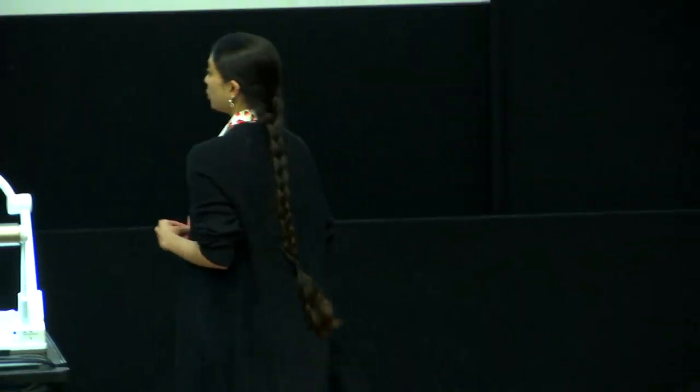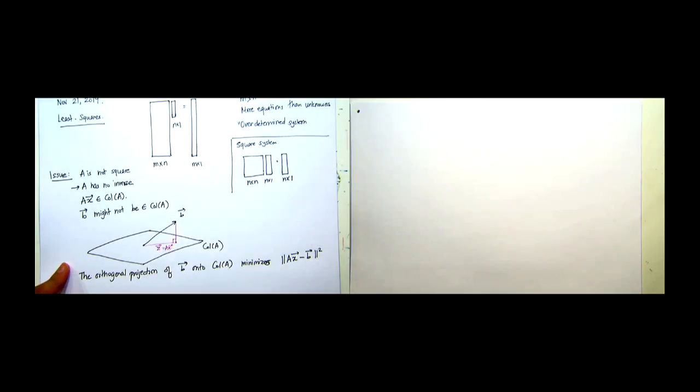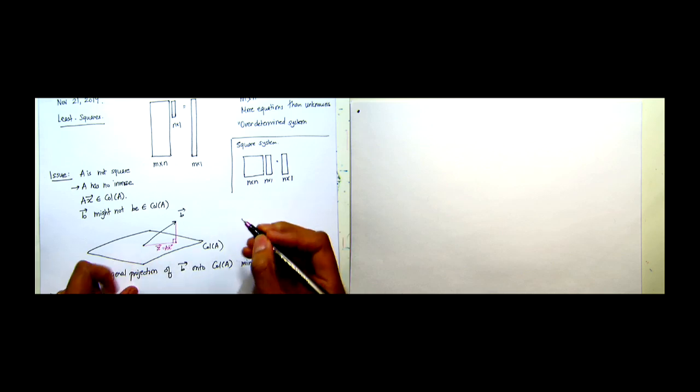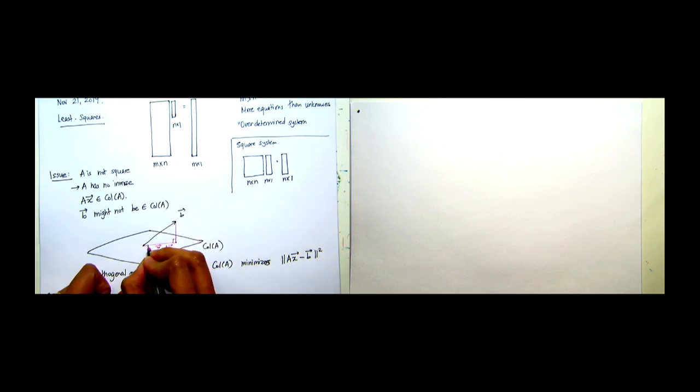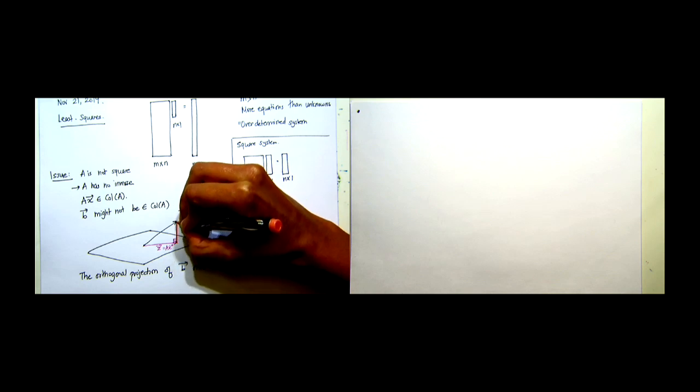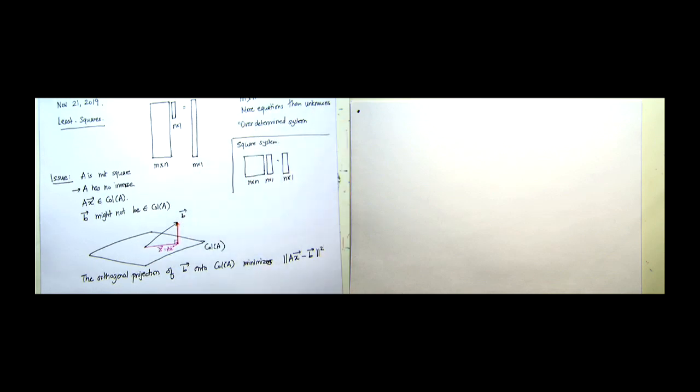What does the magnitude of AX minus B represent? Good question. So this AX is this Z, right? This Z is this AX. So like we showed last time, this is this Z. And this vector here, does this orange look different than the pink?